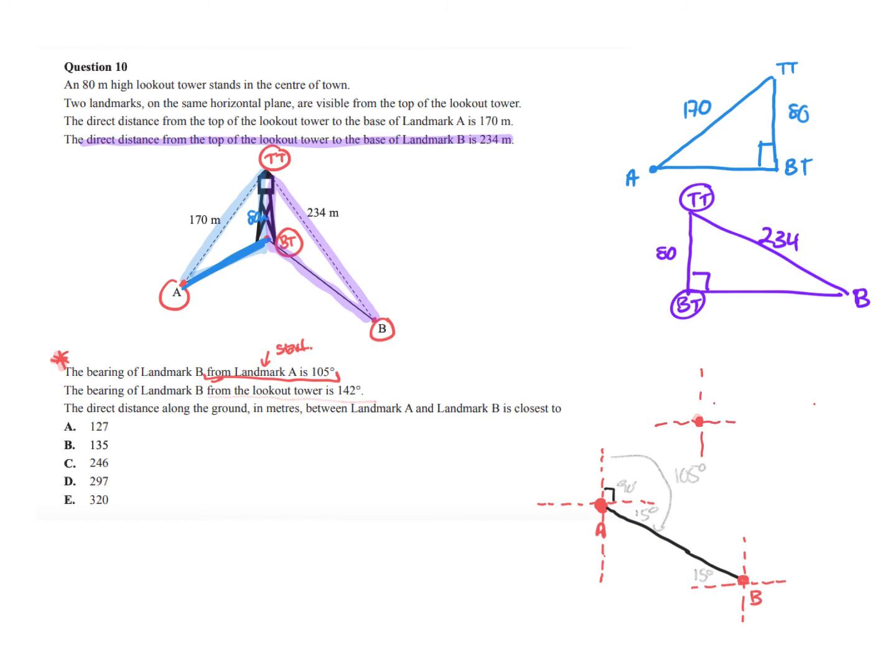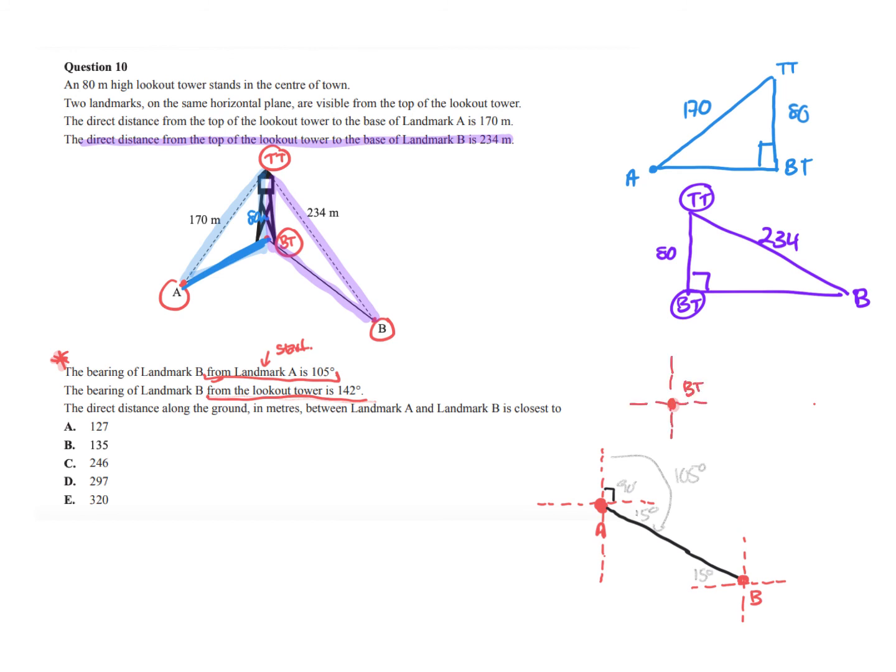Because we're talking about the ground, it's the bottom of the tower, as if we were looking down on the map. So I'll call it BT. Now it says from that tower, B is 142. So maybe a little bit off here. I'll move my tower over a bit so I can get that 142. Doesn't matter.